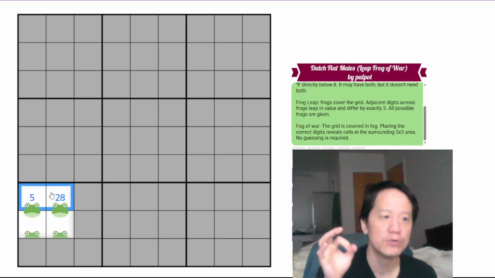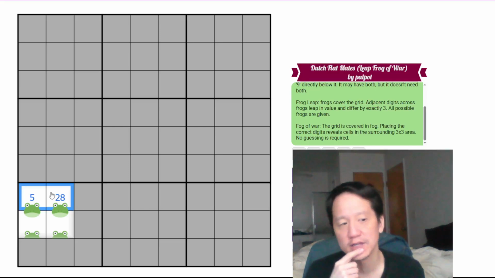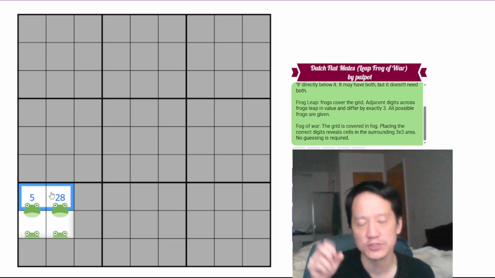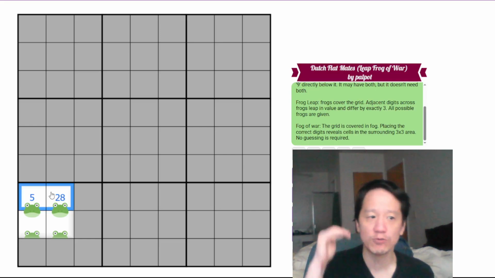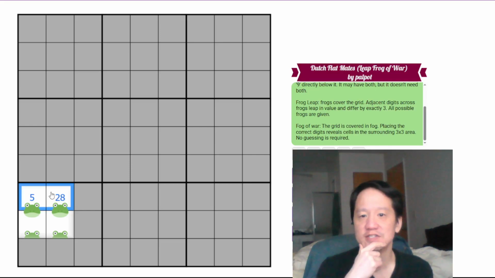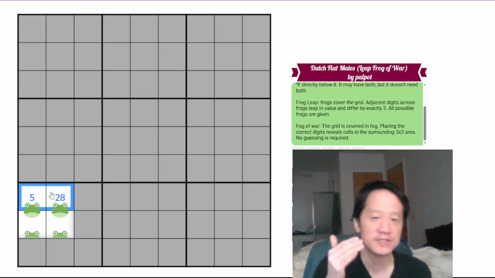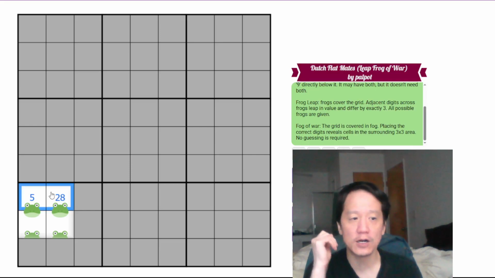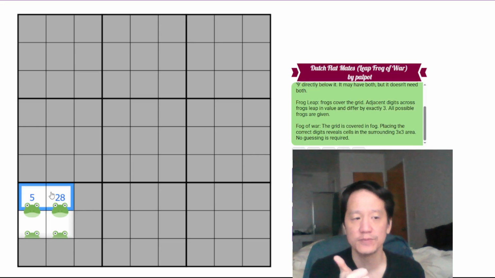It's a negative constraint because we're constraining the puzzle with the negative value of a rule set, in this case the frog leap. We're saying all frogs have been given.